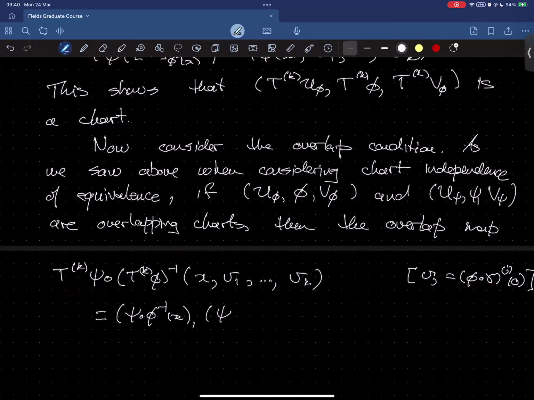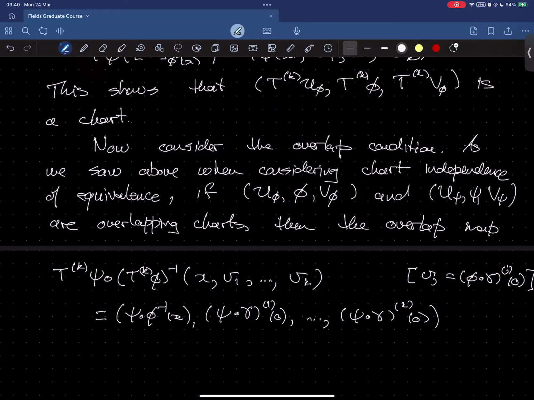There's a curve gamma implicated in the specification of the point (v1 up to vk), so you get that same curve. That's what the overlap map looks like.